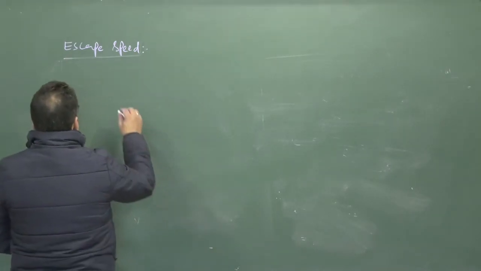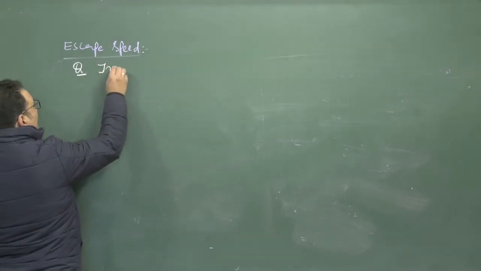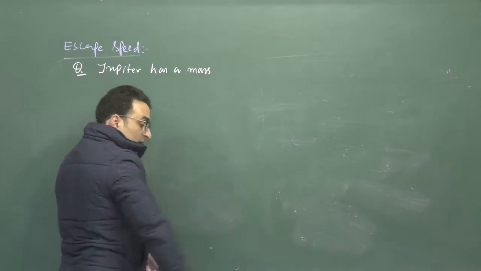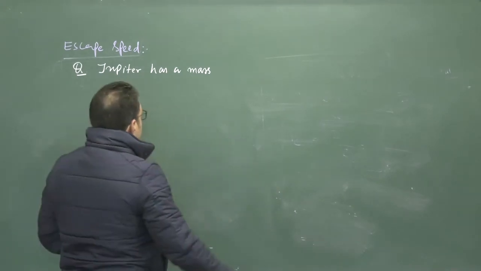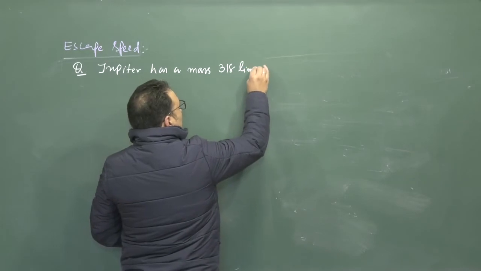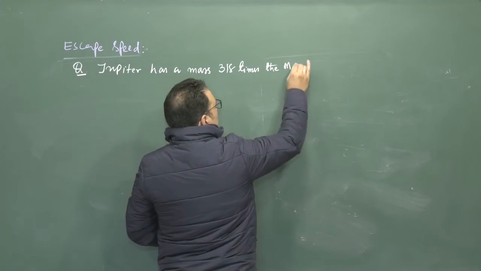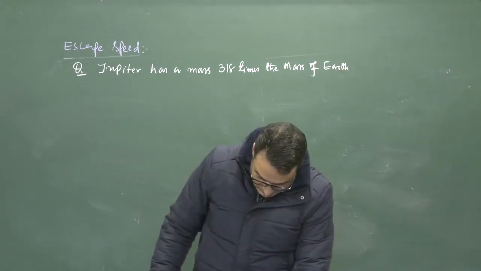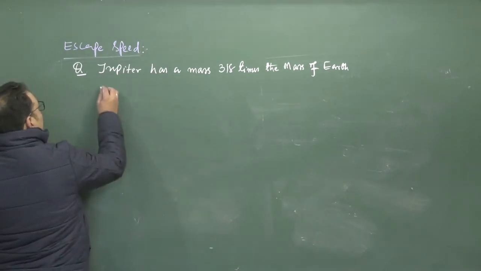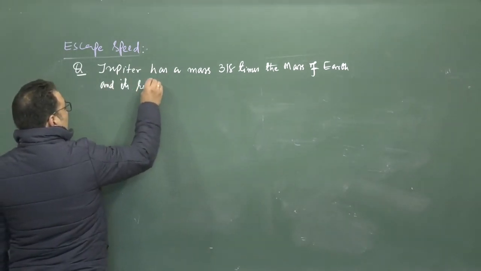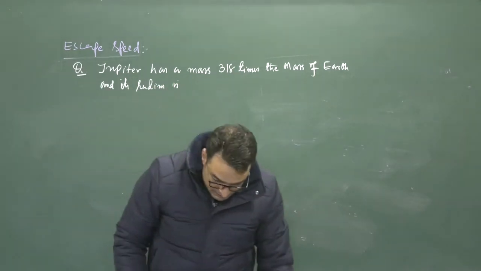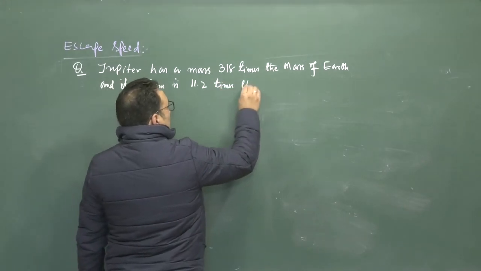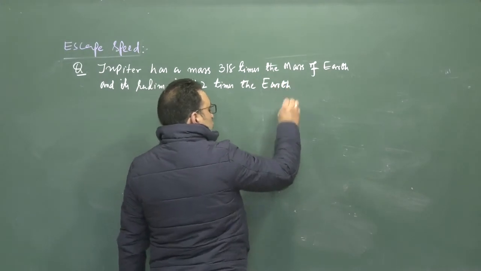Jupiter has a mass 318 times the mass of Earth, and its radius is 11.2 times the Earth's radius.